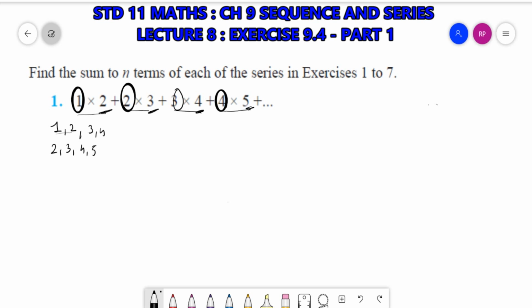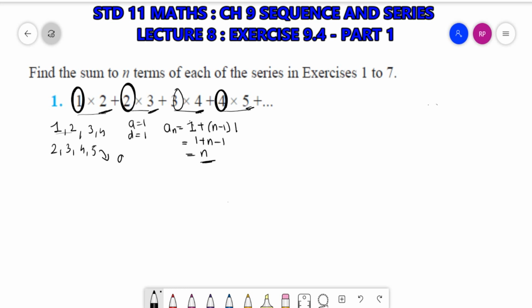Now see here, I will take the first term equal to 1, difference equal to 1, right? So the nth term will be a, that means 1 plus n minus 1 into d, that is 1. So 1 plus n minus 1 is equal to n. So the first series can be determined by n.